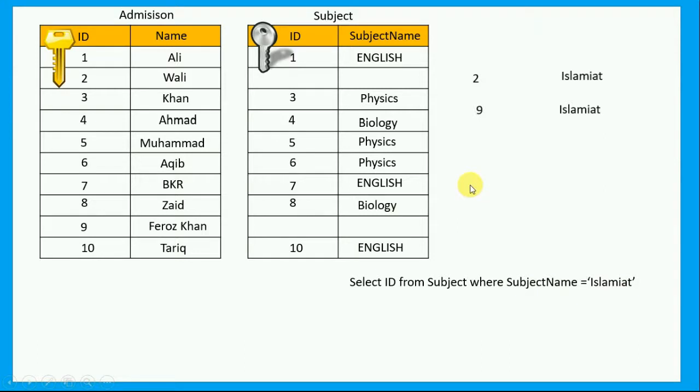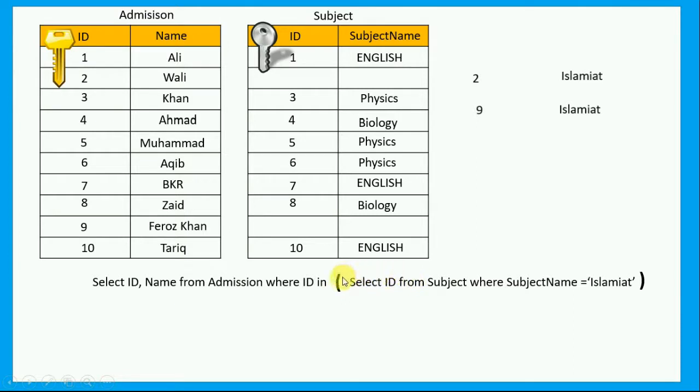Now we will use the outer query because we want the ID and name of those who teach Islamiyat. So this is the outer query, and this IN connects the outer query with the inner query.